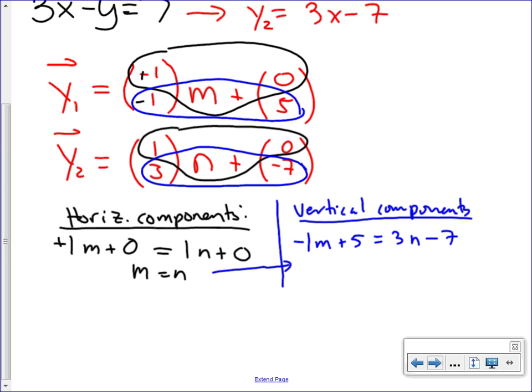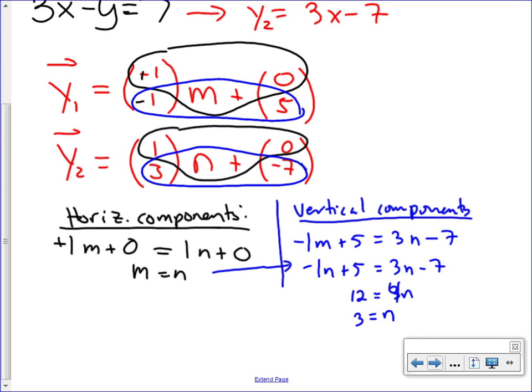So you're going to get negative 1n plus 5 is equal to 3n minus 7. Add the 1, add the 7, so 12 is equal to 3n. So n is, did I do that right? Nope, 4n. My bad. Divided by 4, n is negative 3? It's 3.